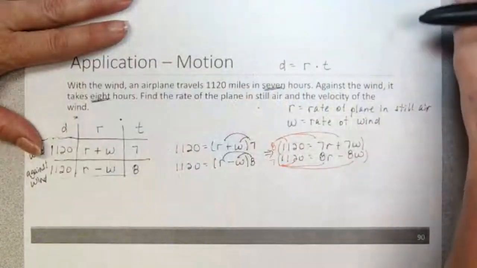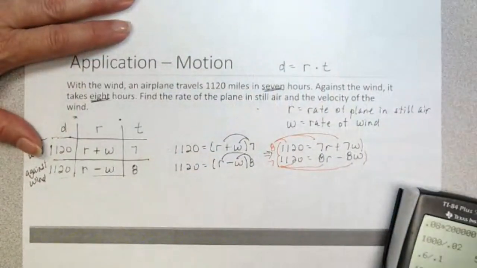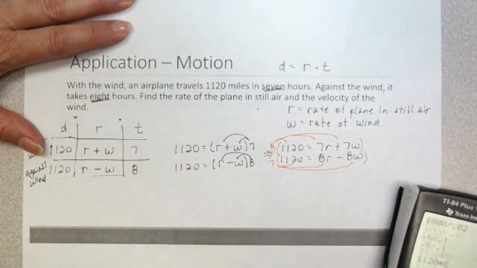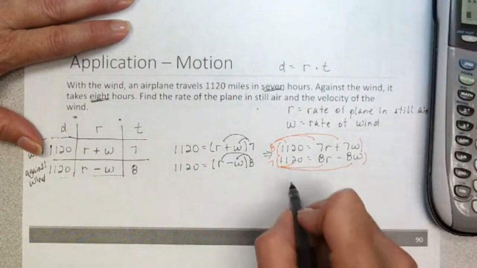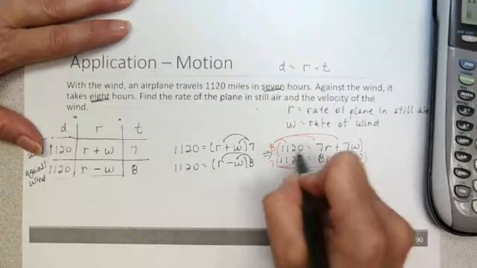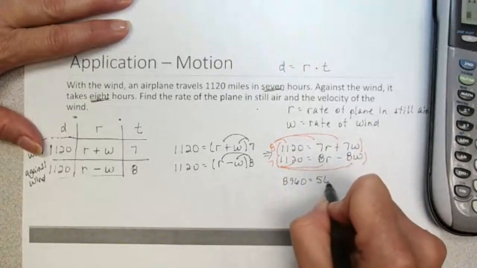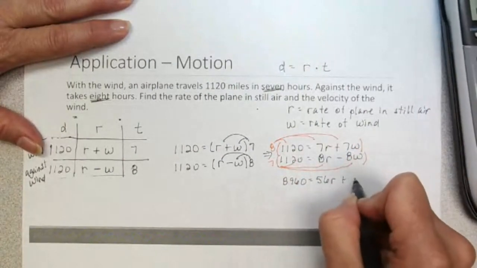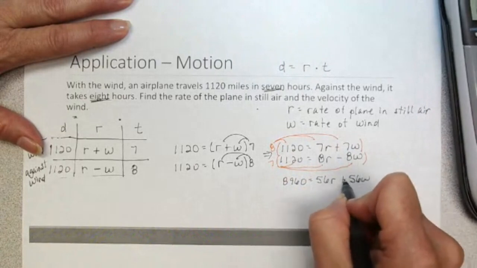Okay, so now I'll have 8 times 1120. That's 8960 equals 8 times 7 is 56R plus 56W.